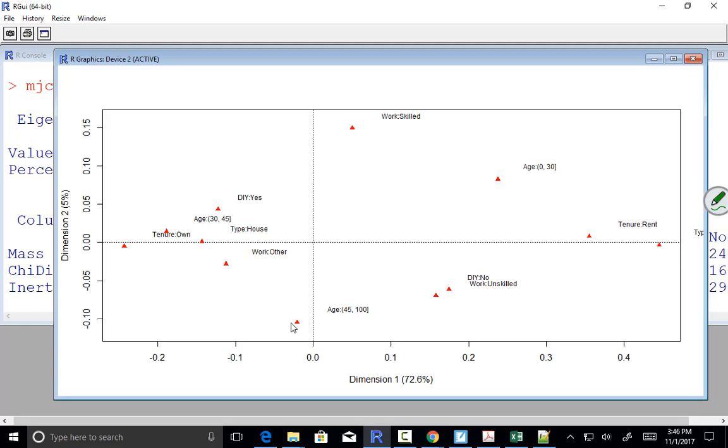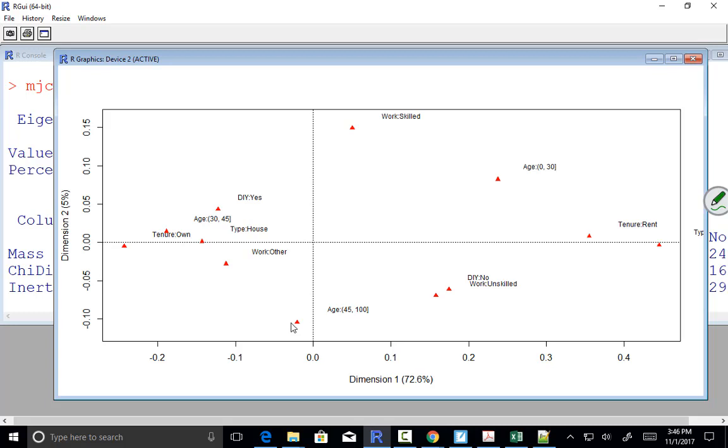I would interpret this picture primarily as this suggests that the biggest source of structure in these data is that there are the do-it-yourselfers who are 30 to 45 who own a home who tend to have these characteristics together. And there's a different population that are the younger, unskilled, not do-it-yourselfers who rent apartments.